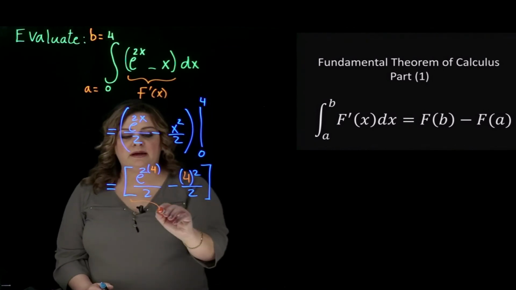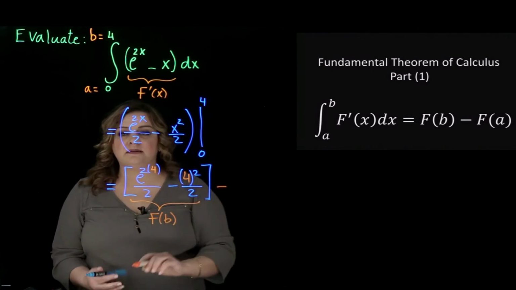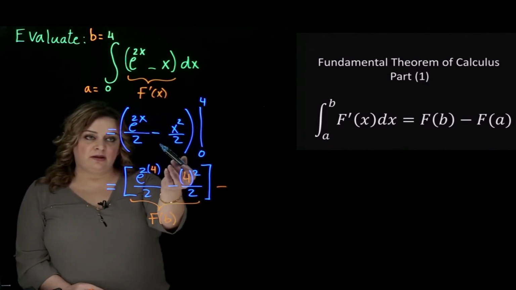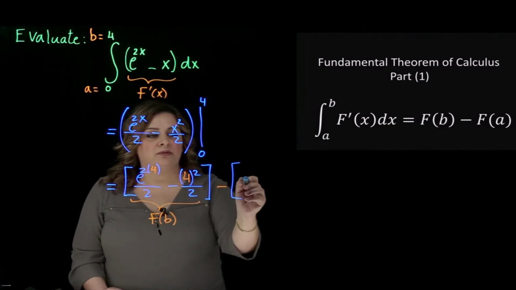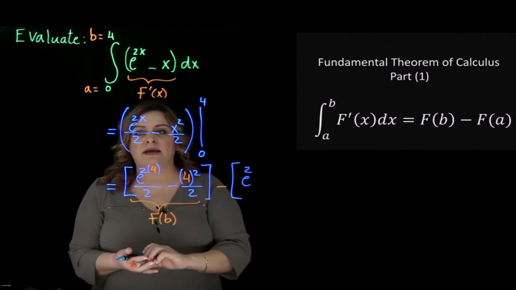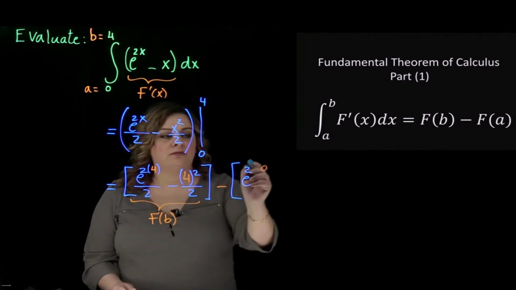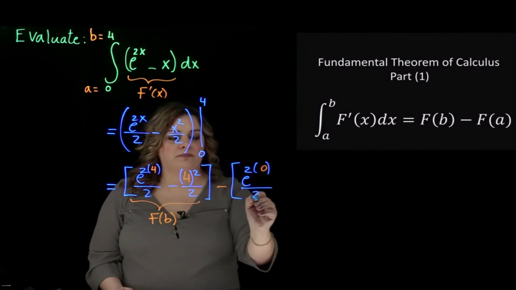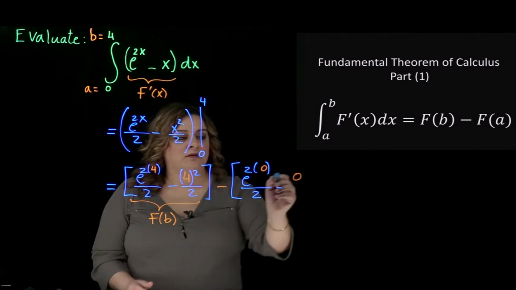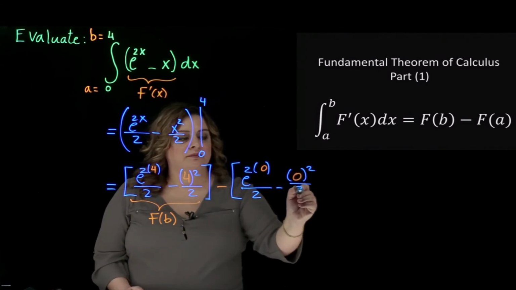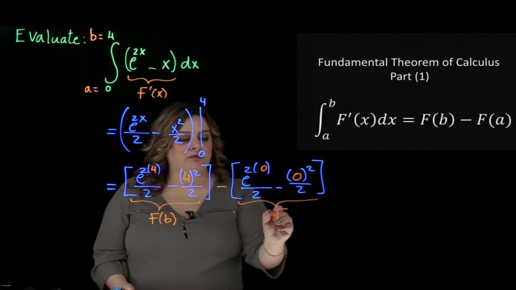This is big F of b. Minus, now the same function evaluated at x equals a. We will have e to the 2 times 0 over 2, since a equals 0, minus 0 squared over 2. This is big F of a.